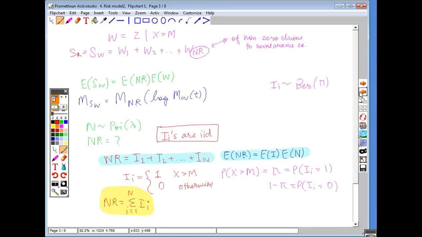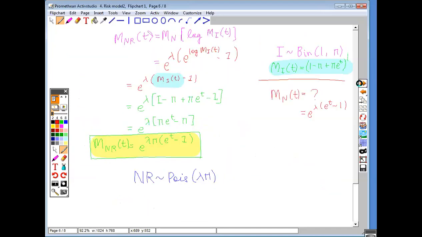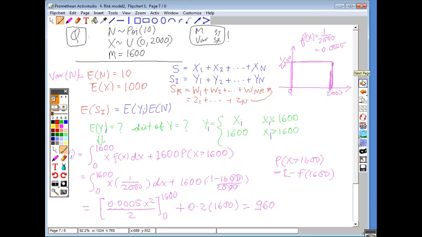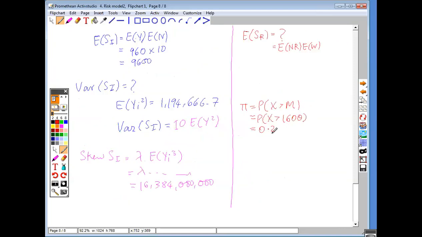So we look back and see what my pi is. The way I have defined pi is that it is the probability that my x will take a value higher than the retention limit, and for the sum I am solving right now, this value is 0.2. I've just substituted that here, and that is how you get the value of pi.